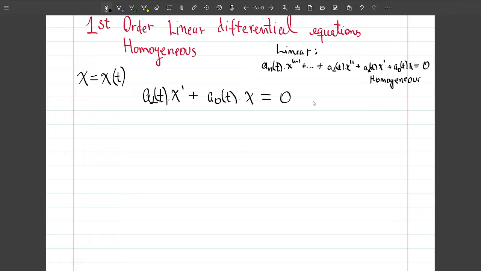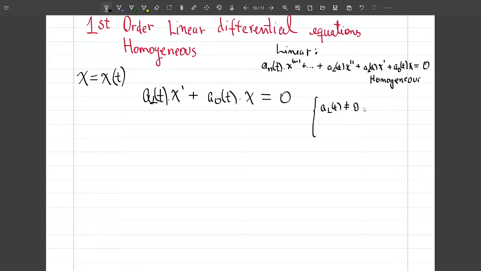First of all, we need to guarantee that in the interval where we are trying to find solutions, we have a1 of t different from 0.